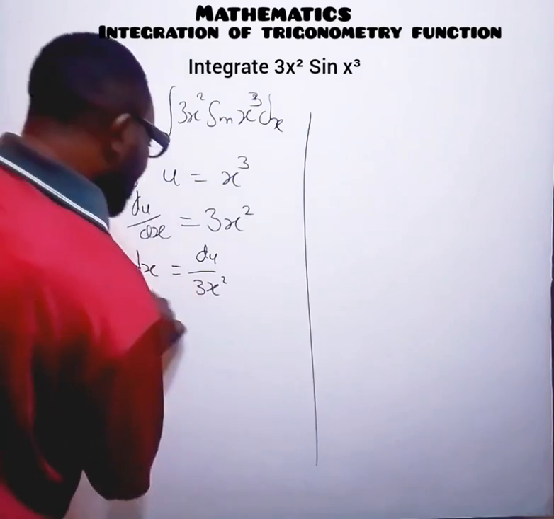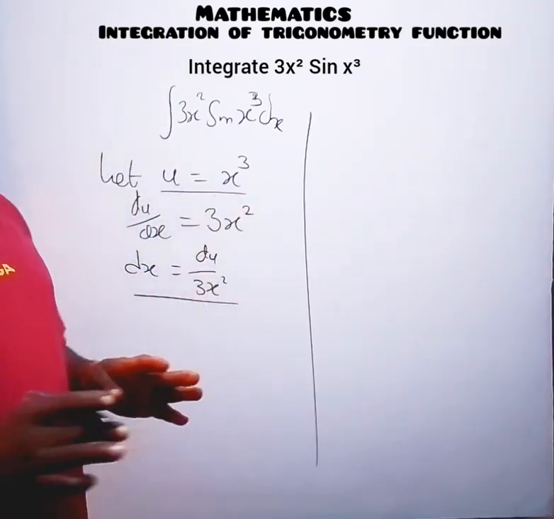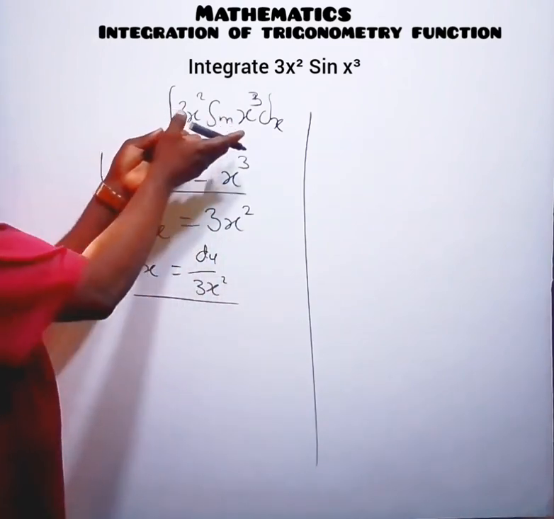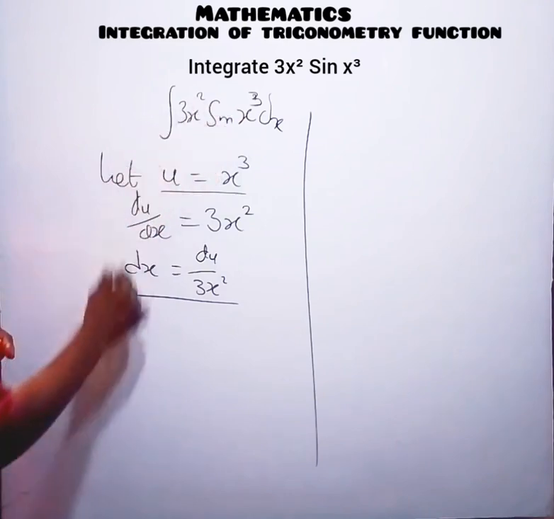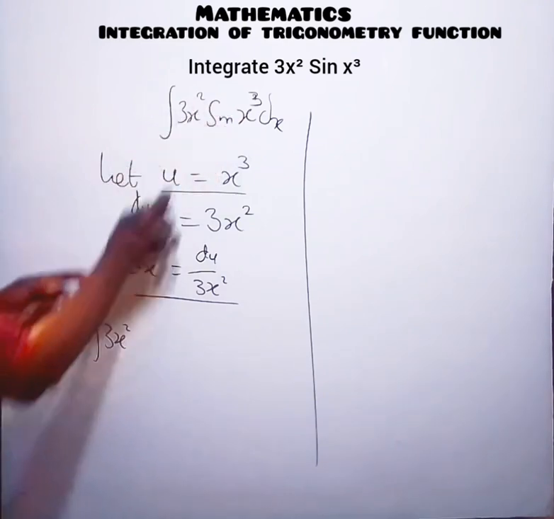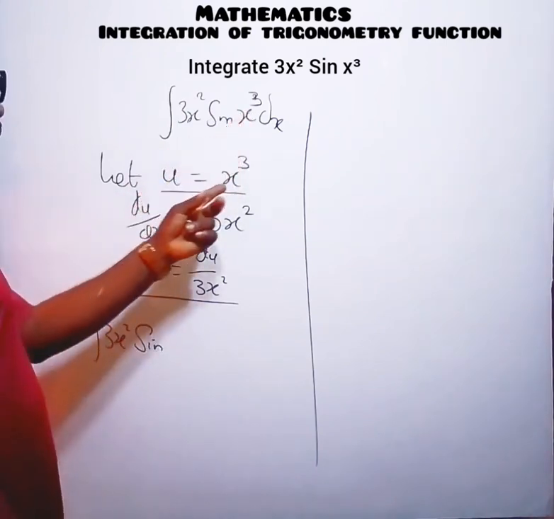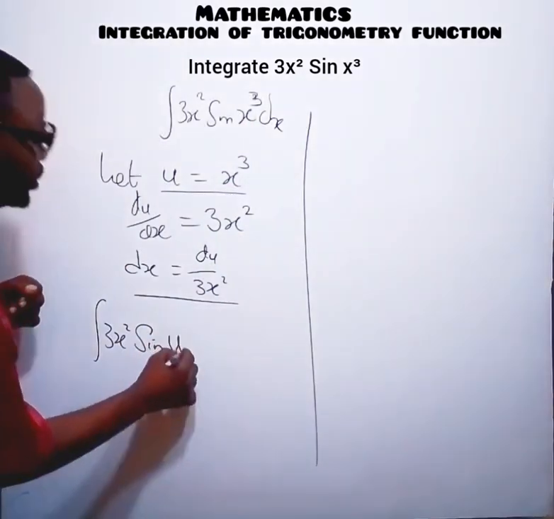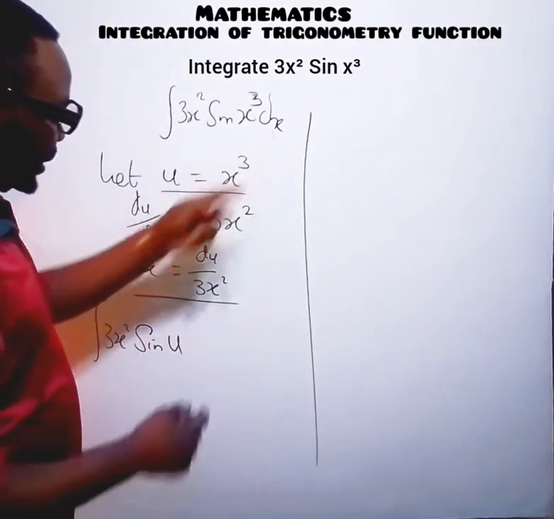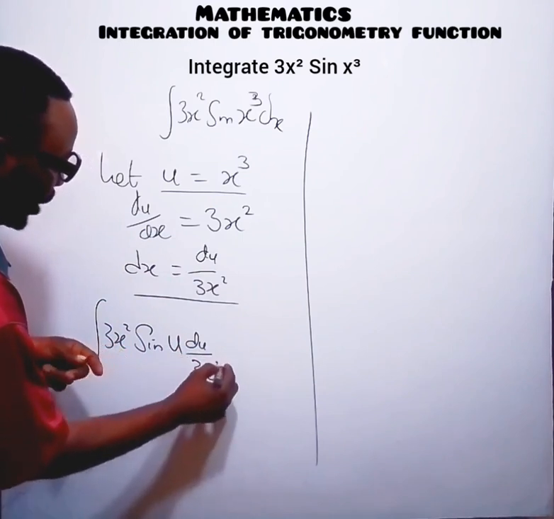Now, I have this value. I underline it too. Now, I'm going to insert the value back into this expression here, which becomes 3x squared, which is already there, sine, what is the value of my x cubed? My x cubed has been represented by u now. u, and what is the value of dx now? That is du over 3x squared.